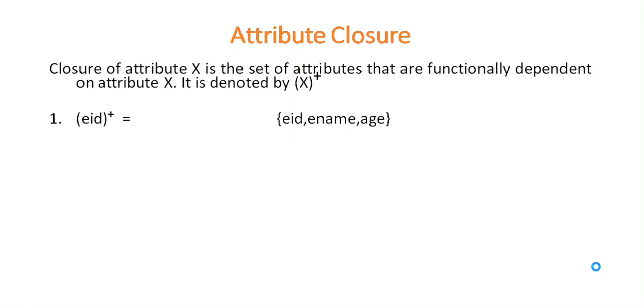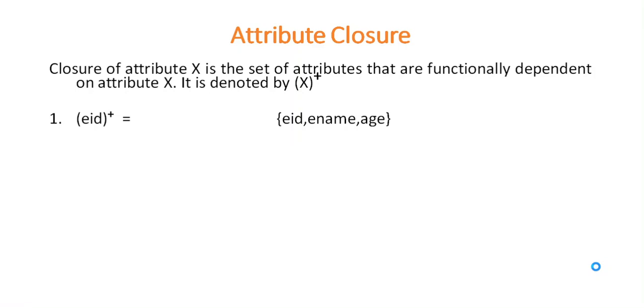Okay, so there are some rules to find out the closure of any attribute. First you need to find out all the attributes that are determined by that particular attribute. Means if I want to find out the closure of employee ID, then first I'll write employee ID as it is, because employee ID is determined by employee ID, it is a single attribute.